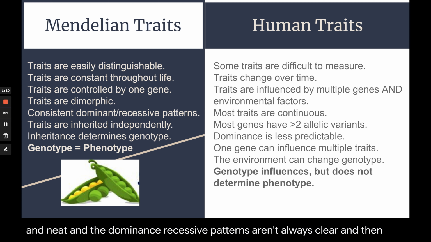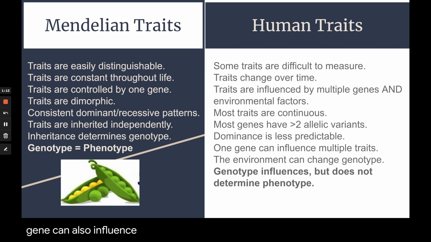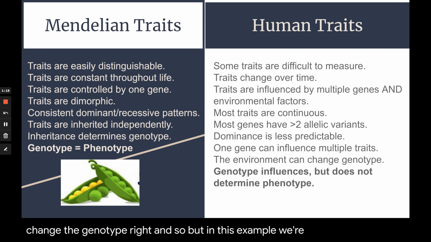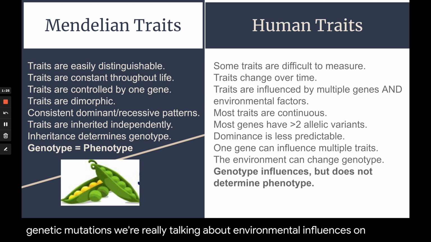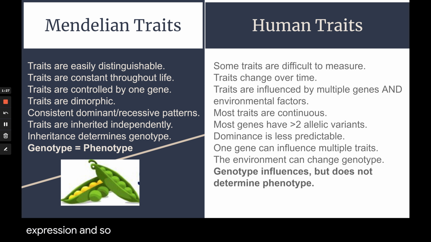And then one gene can also influence multiple traits. And then the environment can also change the genotype, right? But in this example, we're not talking about genetic mutations. We're really talking about environmental influences on gene expression. And so that would be more like epigenetics.